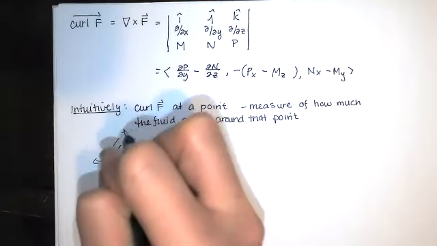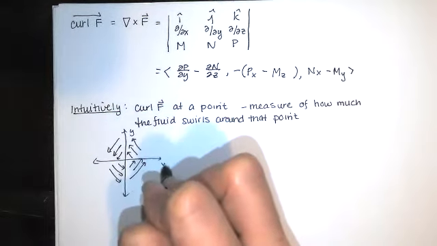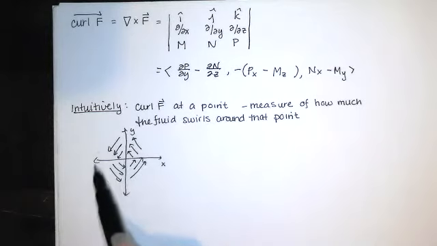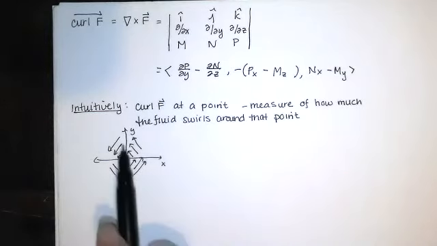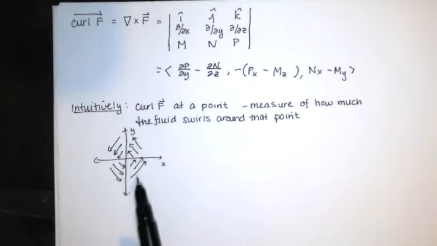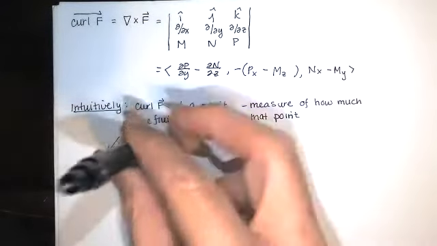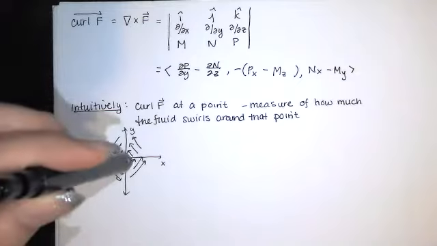Let's say that that center point is at the origin. I think that we can all see that that's sort of swirling around. It's swirling around the origin. So the curl would be positive. And you say, positive? I thought it was a vector. You're absolutely right. Now the vector is going to be perpendicular to that point where it's swirling.